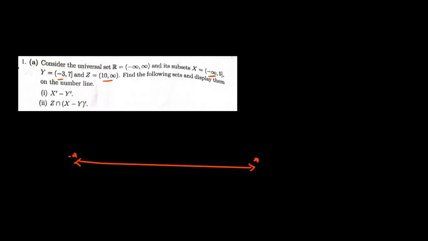Then we have these subsets now. So we have subset X, which is negative infinity to 5 there. Then it's closed at what? At 5. So let me use a different color. My 5 is here. So if this is my 5, then at 5 it is closed. So when I write, I'll shade that there.